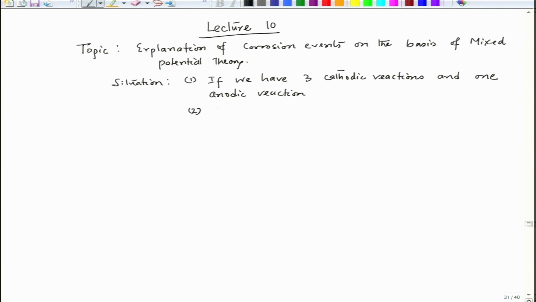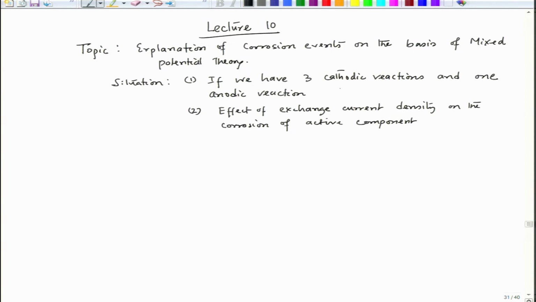So, another one is the effect of exchange current density on the corrosion of active component. So, these 2 situations we will look at.